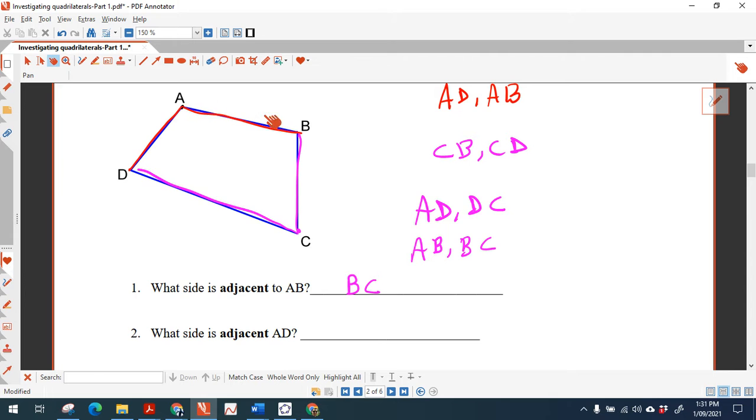What side is adjacent to AB was BC or AD. And then which side is next to, or adjacent to, AD? Here's AD. So for that side, AB or DC.